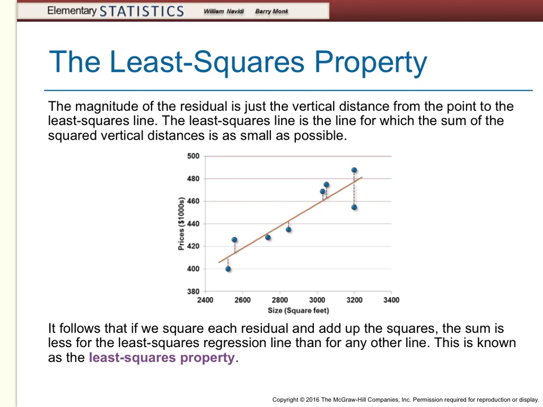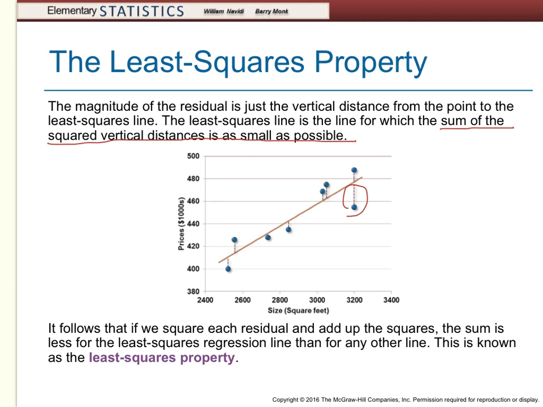The idea of the least squares property is that the magnitude of the residual is just the vertical distance from the point to the least squares line. The least squares line is the line for which the sum of the squared vertical distances is as small as possible. So in other words, the squares of the residuals are as small as possible.